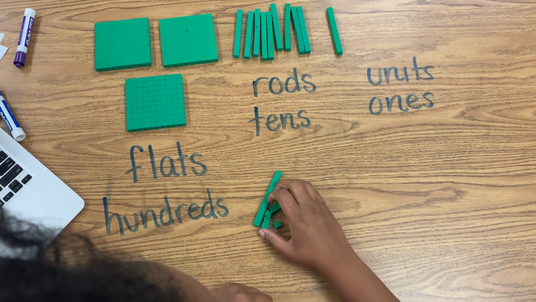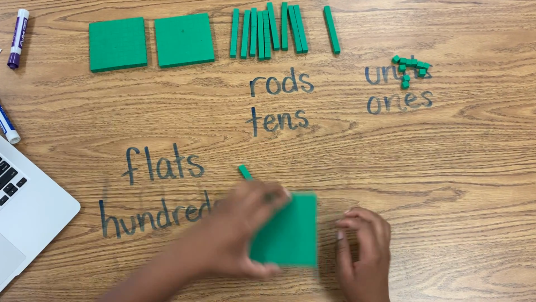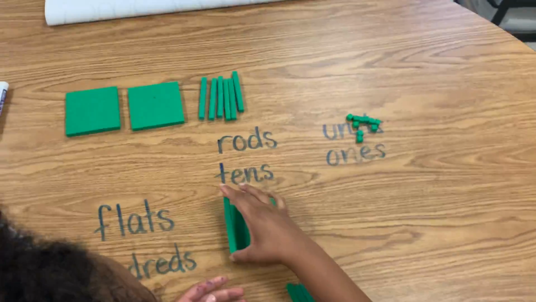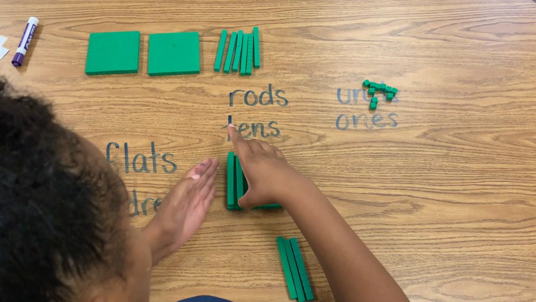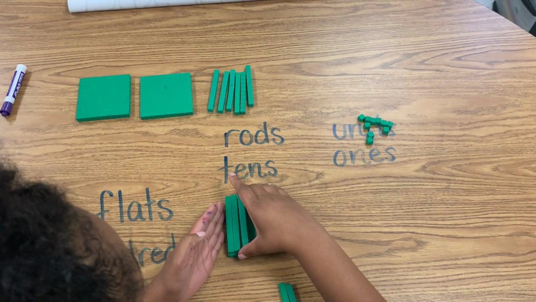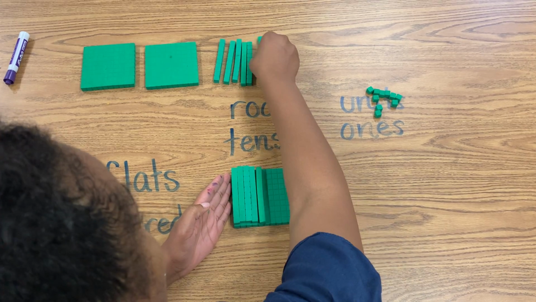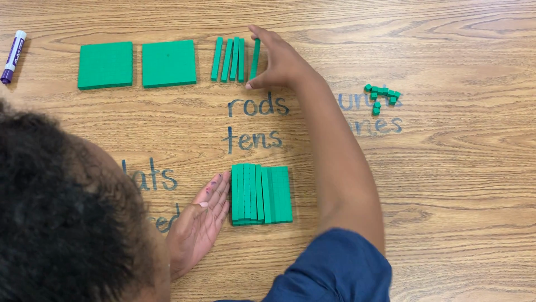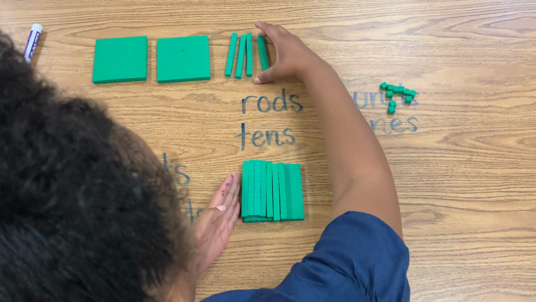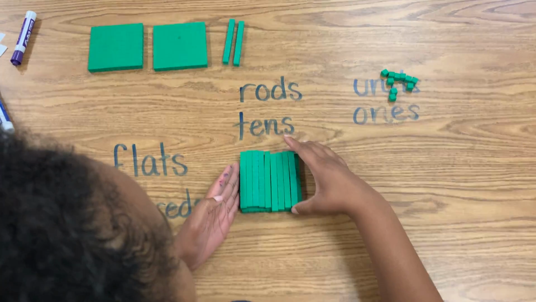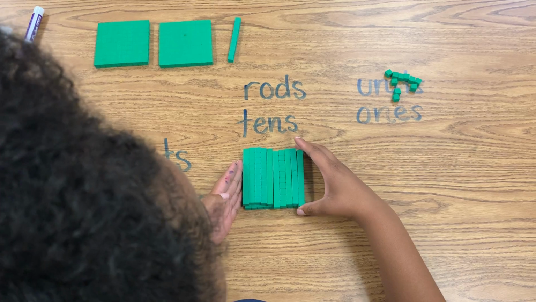Now watch what happens when I put 10 tens on top of 100 or on top of a flat. 1, 2, 3, 4, 5, 6, 7, 8, 9, 10.